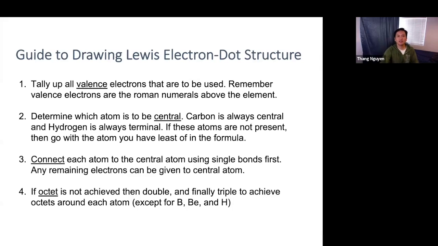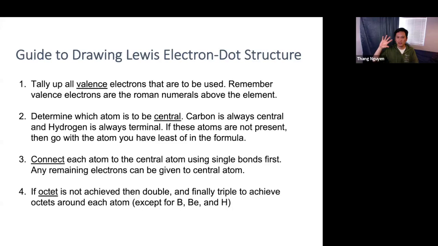And the third step is you just connect each atom to the center atom. Remember, each time you connect, you draw a line, a dash, that represents 2 electrons, okay? And so we do 1 bond first, so a single bond. I should put a note here that after you connect each atom, if there are leftover electrons, you want to give them to the outside atoms first, until they reach an octet or a duet.